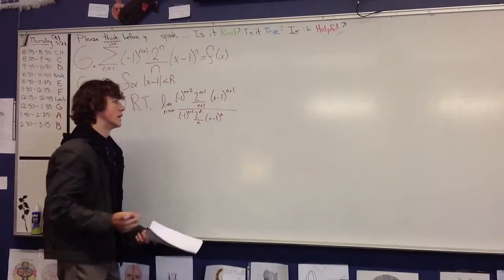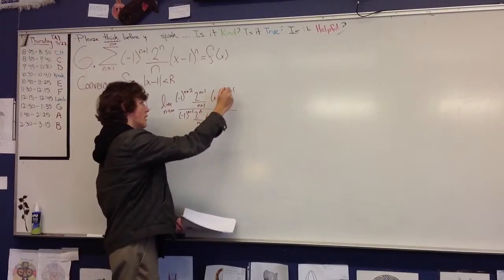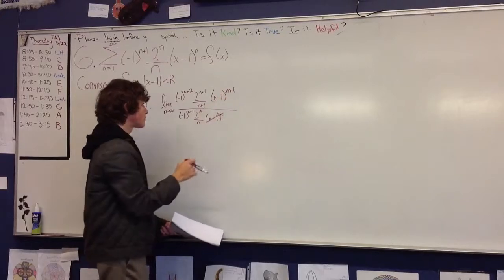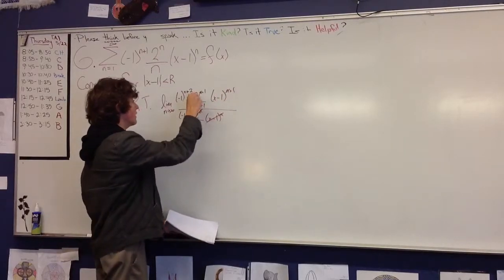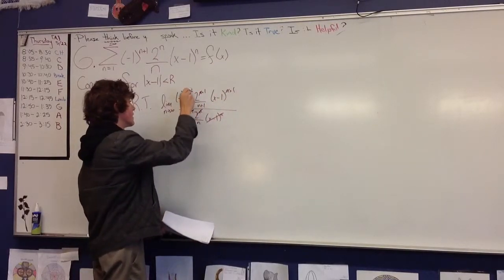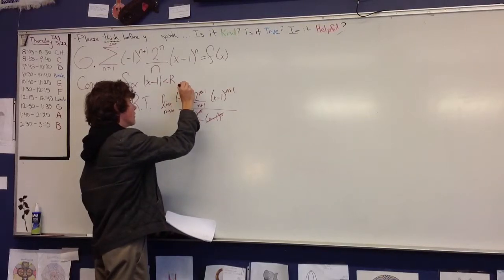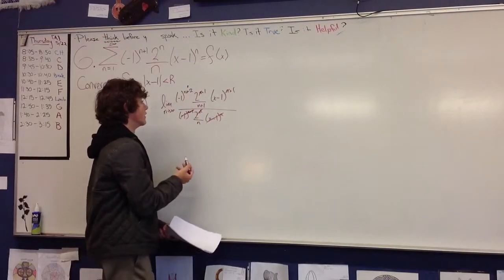So from here you simplify and you get rid of this and this n, you get rid of this and this n plus 1, this goes down to 1, and that's all we cancel.